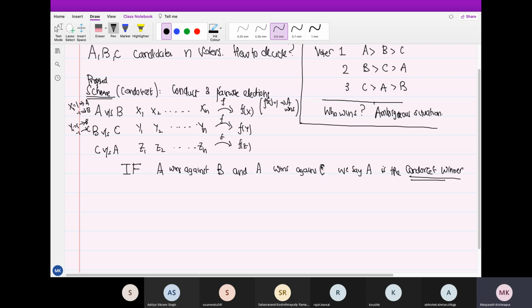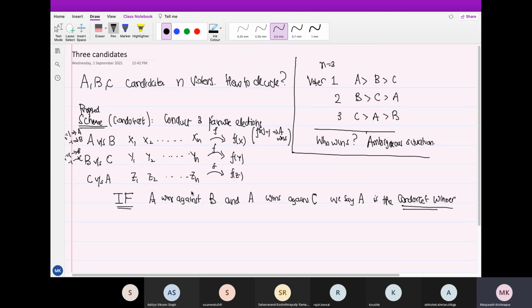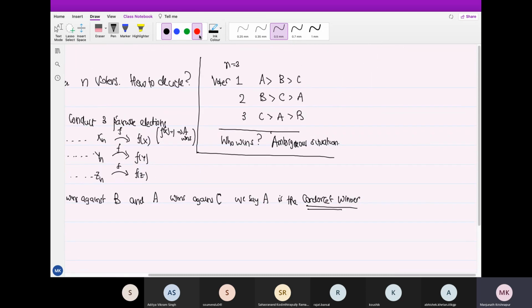Is this scheme okay? Of course, it is conditional on there being one person who wins both the elections. So here there is a problem. What happens in the A versus B election? Voter 1, voter 2, voter 3.